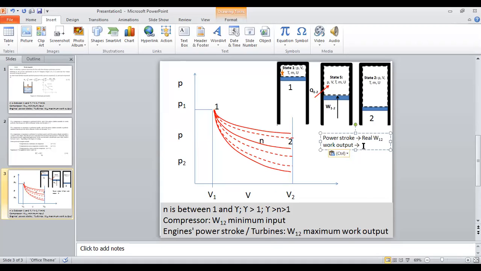So I take the word W1 real. This is the W12 work output.